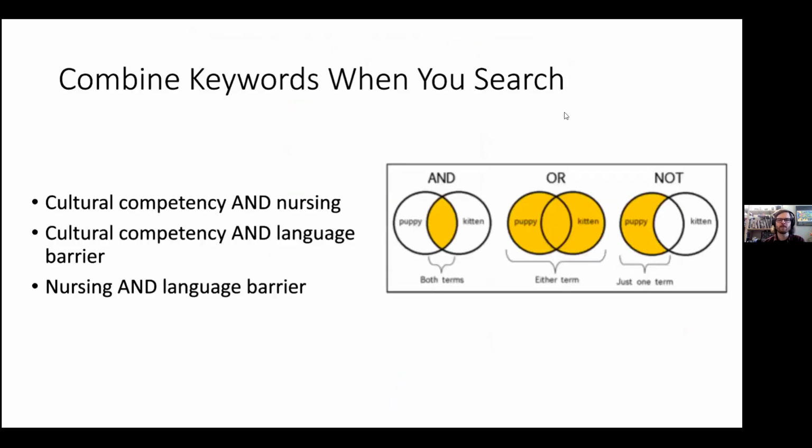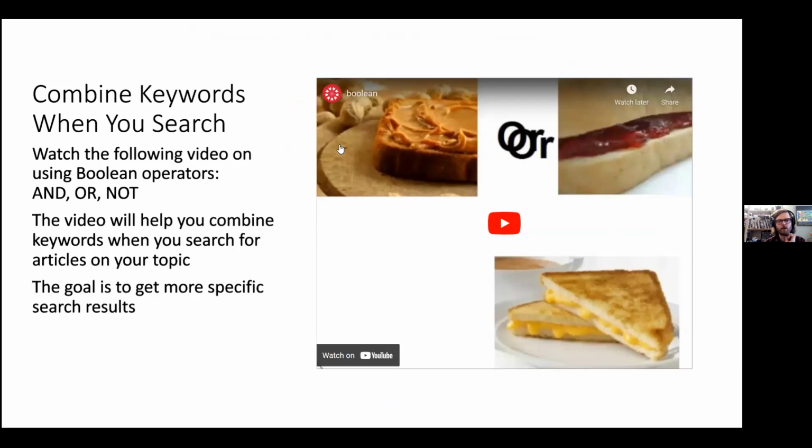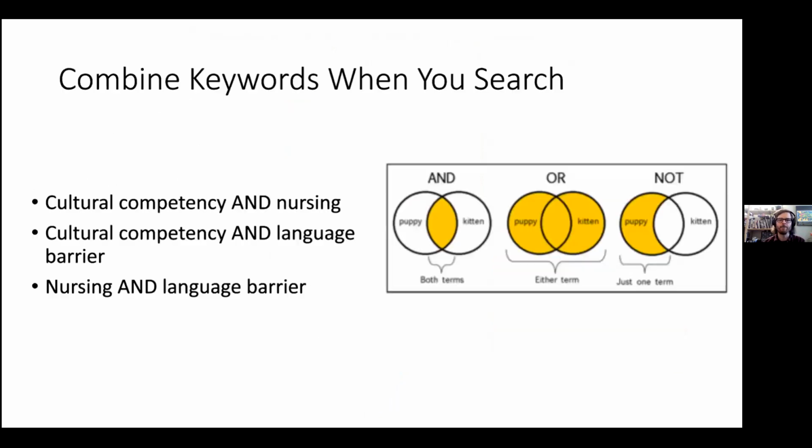We'll go over this a little bit. If you want to look at these slides on your own, go for it. It goes a bit more into the technical side of how we put words together. The big thing is that you're going to focus on this and, at least. So we're going to be looking at cultural competency and nursing and something else.